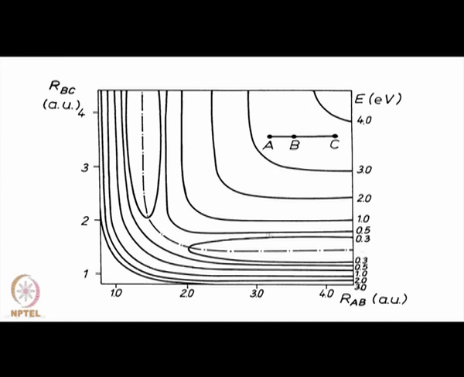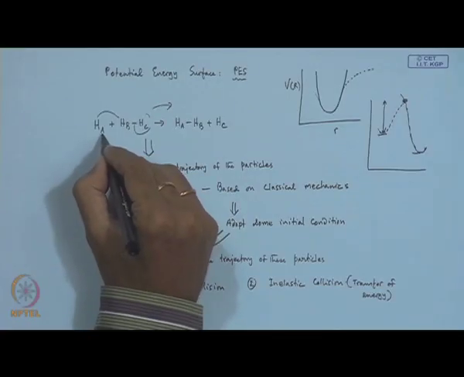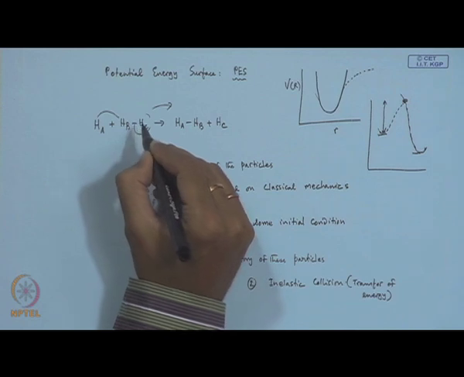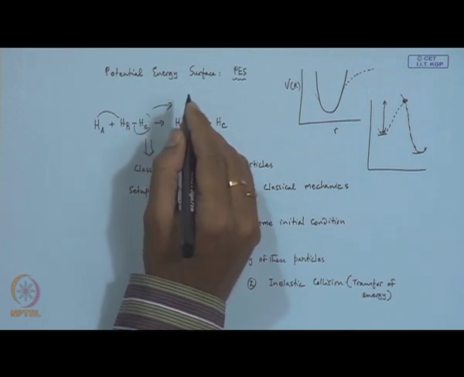So this line joins the same energy contour. This is your RAB, this is RBC, so RAB between A and B, and RBC. So this is a contour.